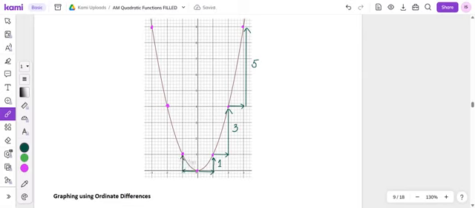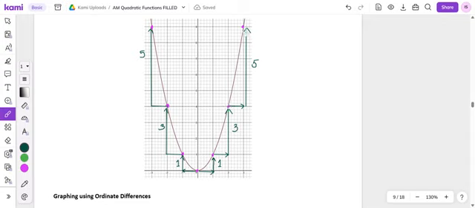And that's because parabolas are symmetrical. Now, what do you notice about these numbers? We're always going 1 across, but as we go 1 across, we are going 1 up, 3 up, 5 up.